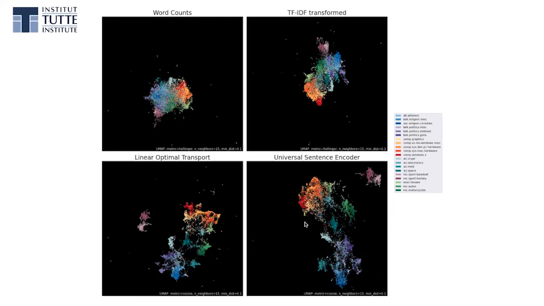But I would argue the optimal transport result is at least as good as universal sentence encoder, and it doesn't require all this complex pre-training or dealing with the fact that it only really works for language. I think these techniques are entirely translatable to other problem areas.